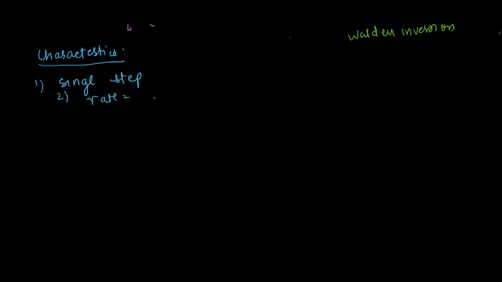What are the characteristics of this reaction? First of all, it is a single step reaction, nothing like SN1, which was a two step reaction. Second, rate equals K times RL and Nu minus. The rate determining step is also that one.